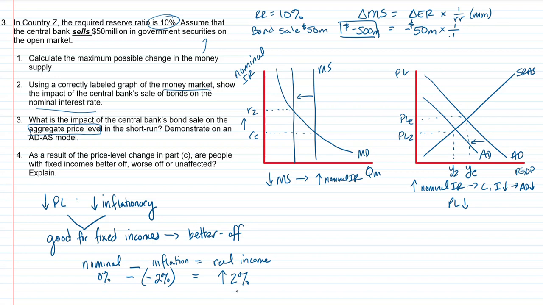And the 2% here, again, is just a hypothetical, but we know that price level is decreasing. So if their wage does not change, but their price level does change, then they will feel richer and feel as if they have more money than they previously did.